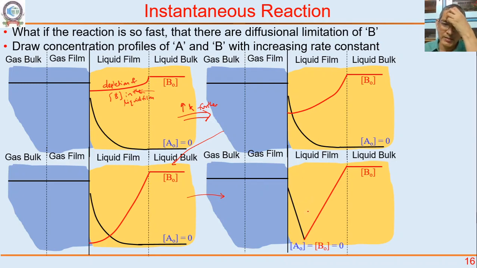This extreme case is like rate of reaction is so fast that A and B cannot exist together. Wherever A is there, B cannot exist because B will be completely consumed by A. Wherever B is there, A cannot exist because it will be completely consumed by the reaction. That's how the reaction is so fast. This last situation is called as instantaneous reaction.